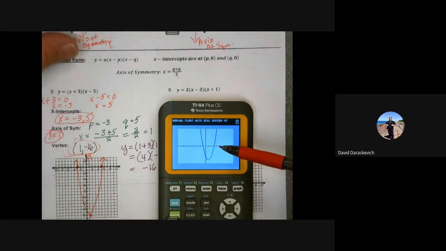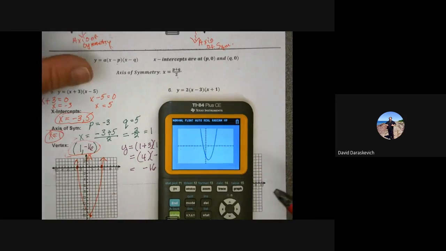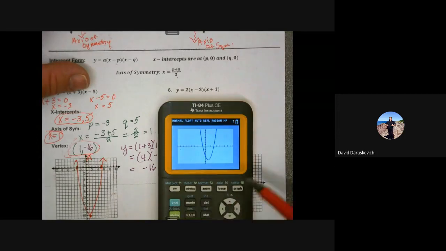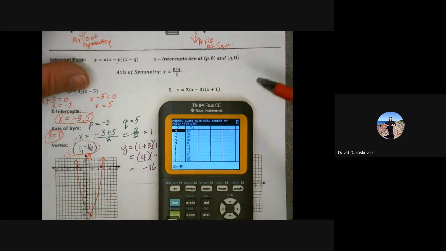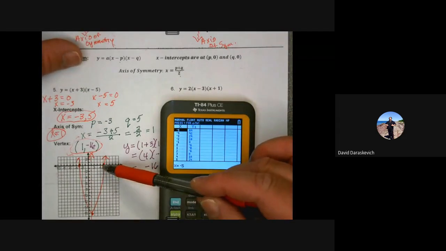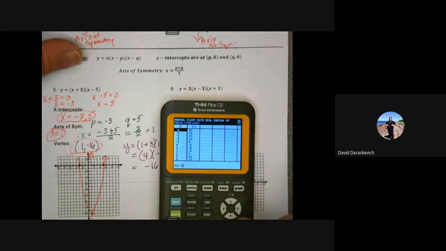Okay, now this is actually a nice problem because it looks like my x-intercepts cross my x-axis at whole numbers. So I'm going to go to my chart and see if I can see that. Now, remember, at these 2 points of the intercept, the y value is 0. So hopefully I have y numbers in my chart that are 0.